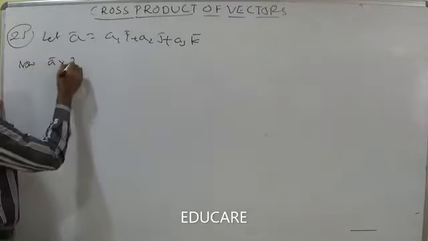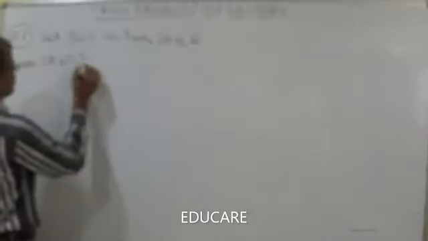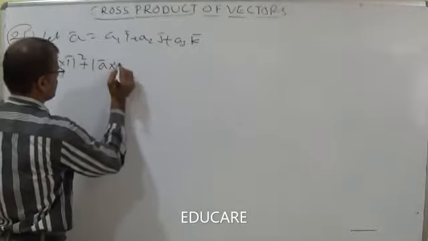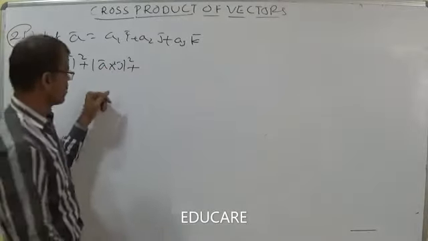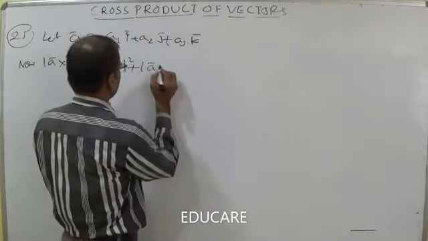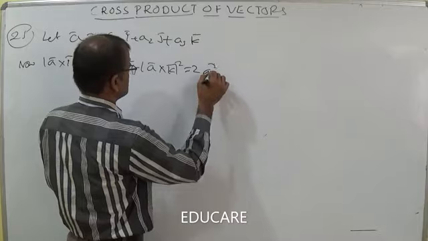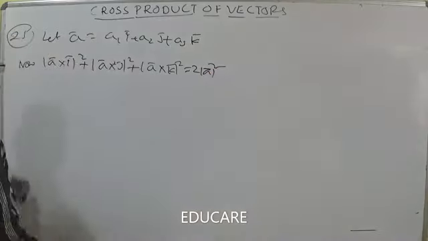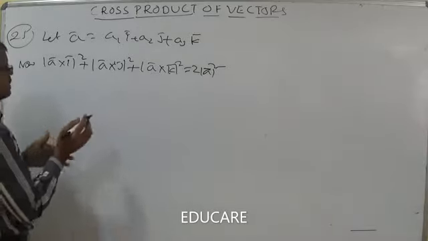Now calculate. I am saying that modulus of A bar cross i bar whole square plus modulus of A bar cross j bar whole square plus modulus of A bar cross k bar whole square is equal to 2 mod A square. Proof, I am saying 2 mod A square. So what is the value of A cross i?